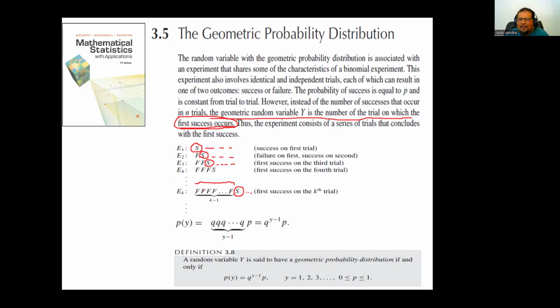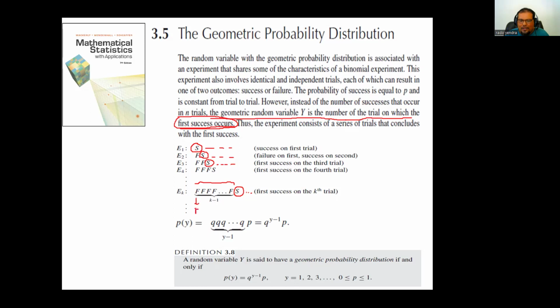So, how does the formula come from this theory? Based on the properties in the binomial, the probability of failure is q, and so on, until the last trial, where the probability of success is p.